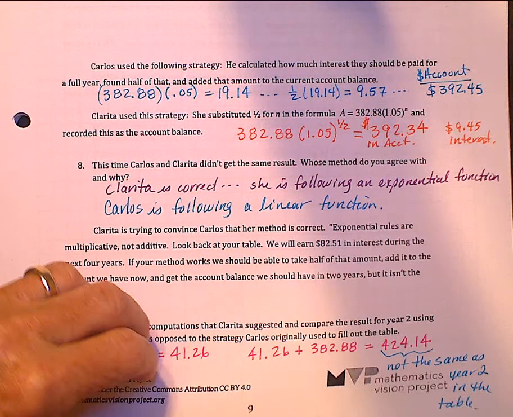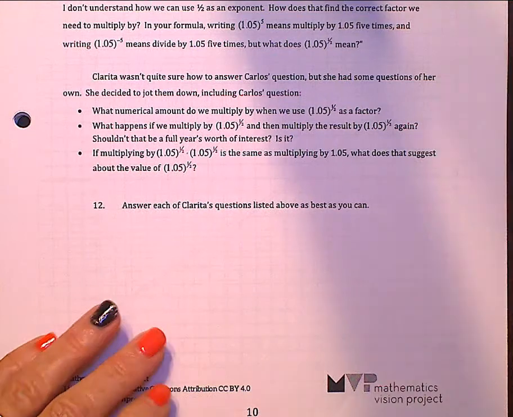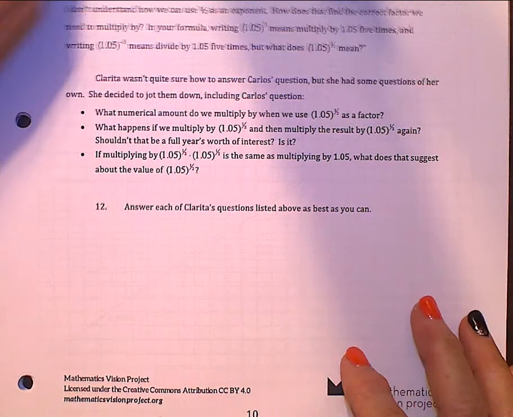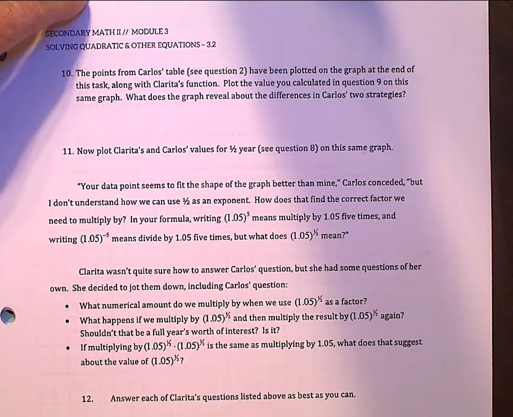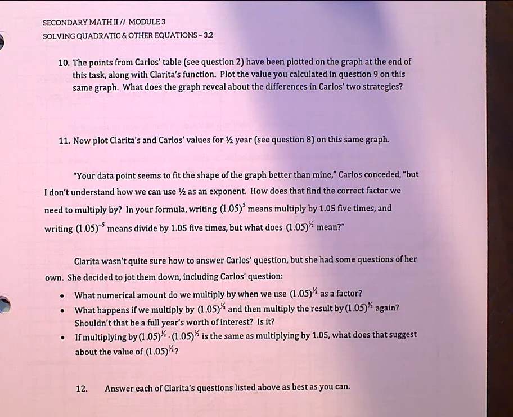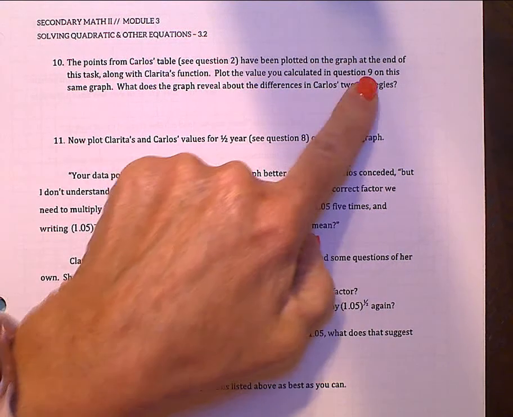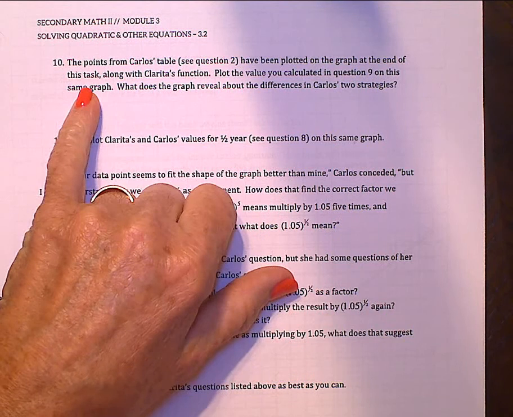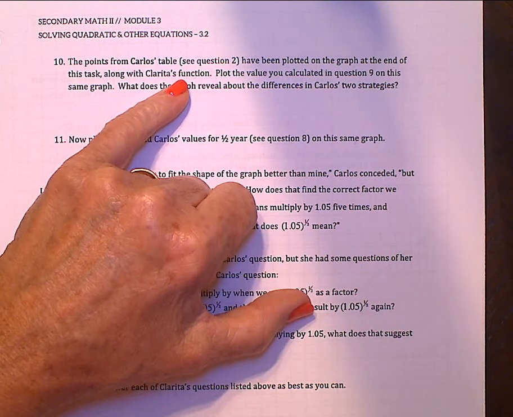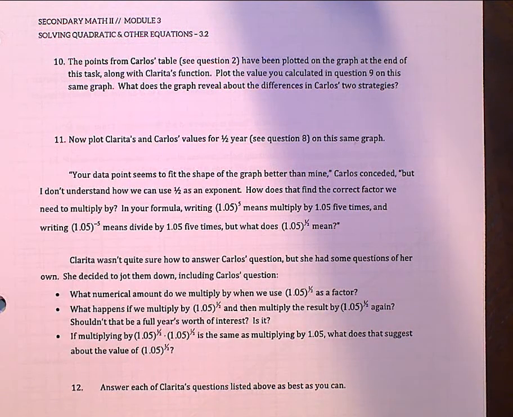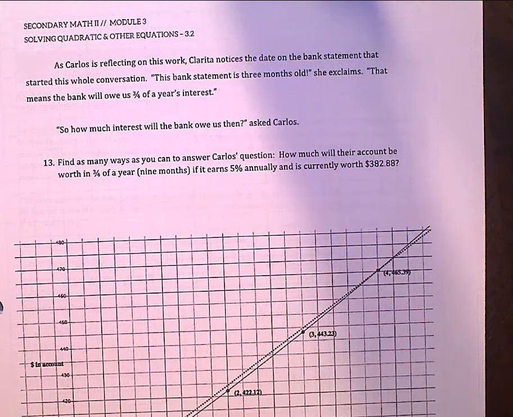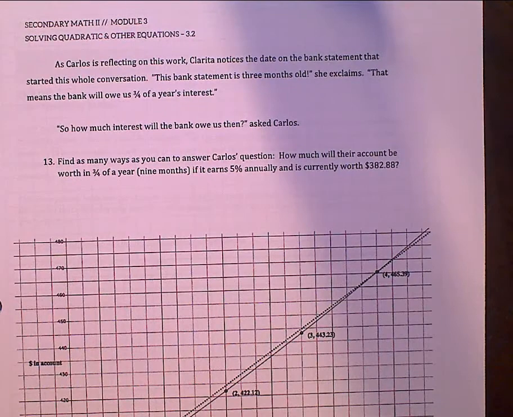Turning the page here, page 10. The points from Carlos' table, which came from question 2, have been plotted on the graph at the end of this task along with Clarita's function. Okay, so we're going to take a look at that graph. Here's this graph, and it's on page 11.